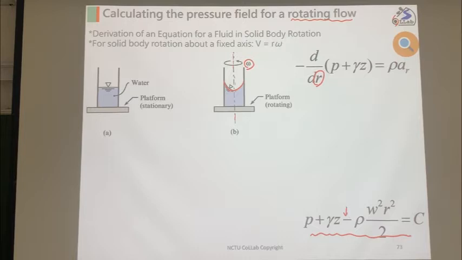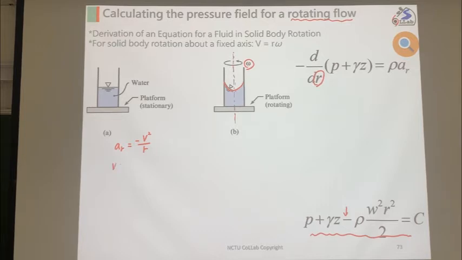There is the minus. Usually we always say P plus gamma Z plus rho over 2 V squared. But in here, there is the minus. First, we know a_r is equal to minus V squared divided by R, right?